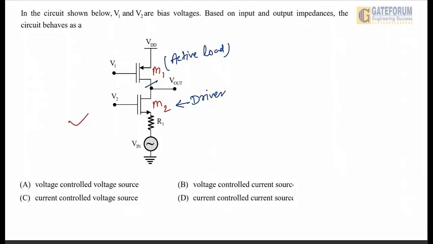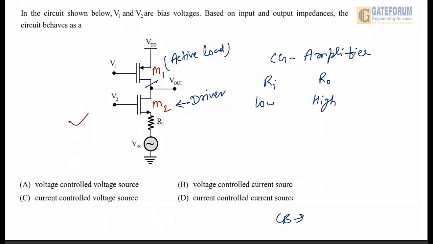So this is working as a common gate amplifier, and for the common gate amplifier, the input resistance will be low and the output resistance will be high. And as we know, the common base in BJT works as a current amplifier.